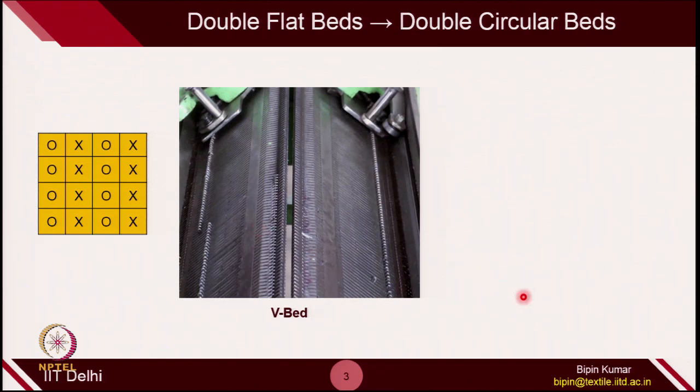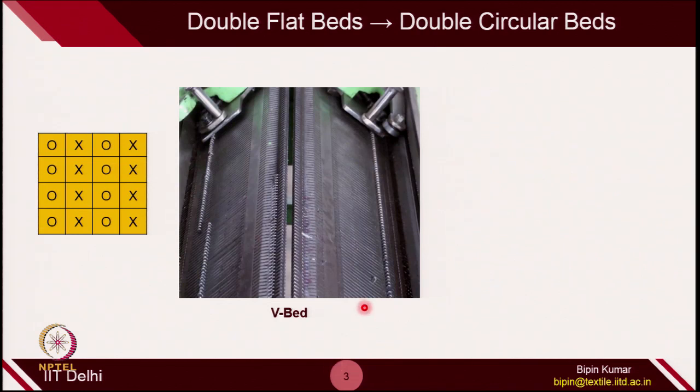To create a double bed of circular nature, we can simply turn this flat bed and make it a cylindrical platform, which is possible, as we have already seen in single knitting technology. In single knitting, if you rotate a single flat bed, it will generate a cylinder, and on that cylinder the needles will do reciprocative movements.